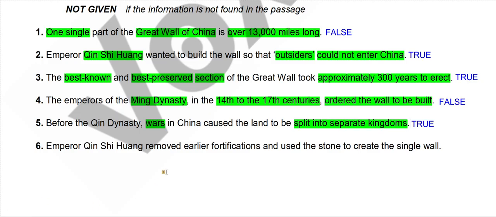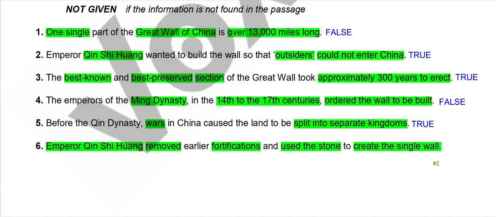Moving forward to the last one. Emperor Qin Shi Huang removed earlier fortifications and used the stone to create the single wall. So the answer would be true when this particular emperor removed the fortifications and used the stone to create the single wall.